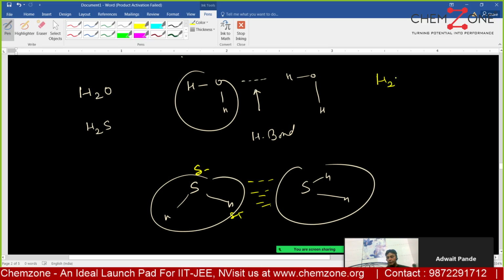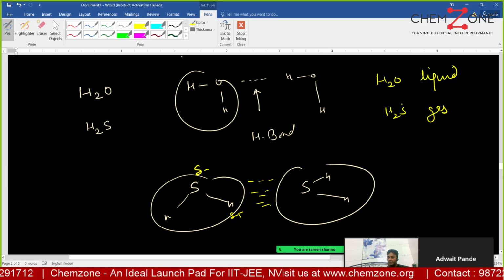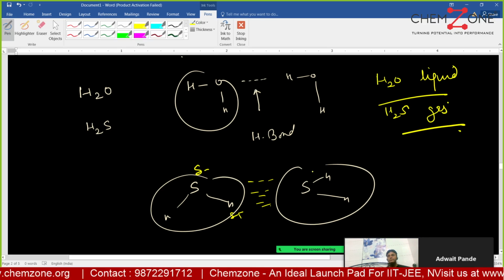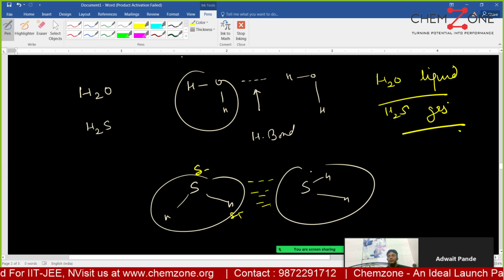That is why water is a liquid at room temperature, but H2S is a gas, because the interaction among water molecules is stronger as compared to H2S. Got it now? Any doubt till now?